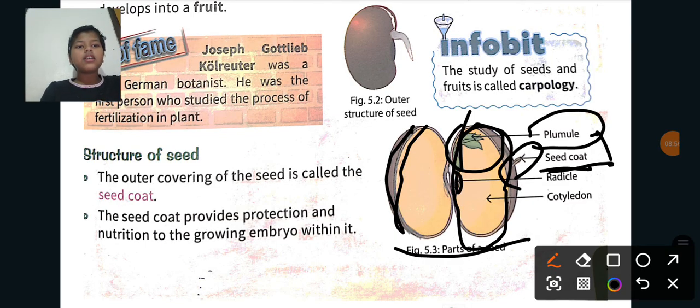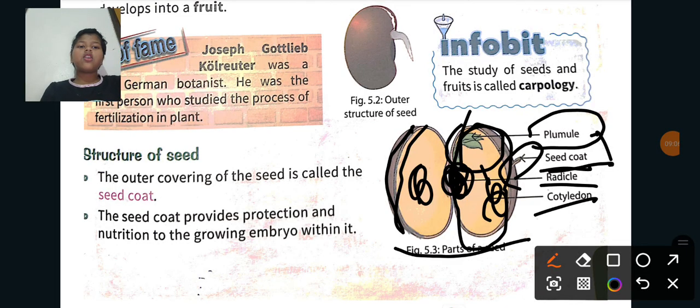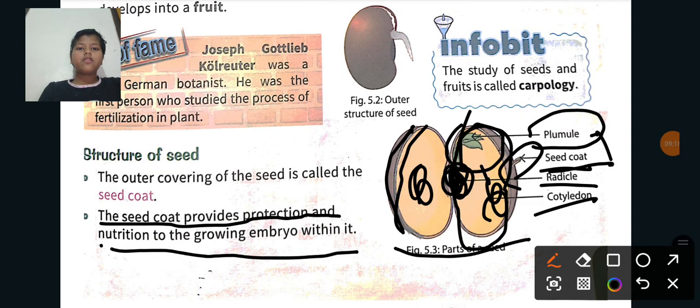This center part is known as the radicle. This whole yellow thing here is known as the cotyledon, which is basically food for the embryo. The seed coat provides protection to the seed and nutrition to the growing embryo within it.